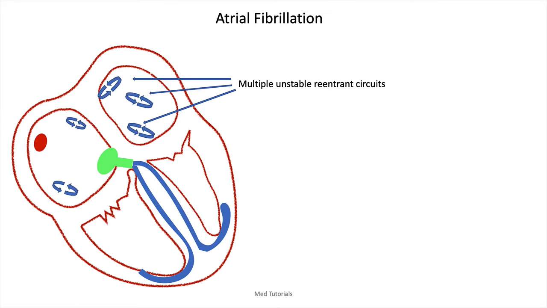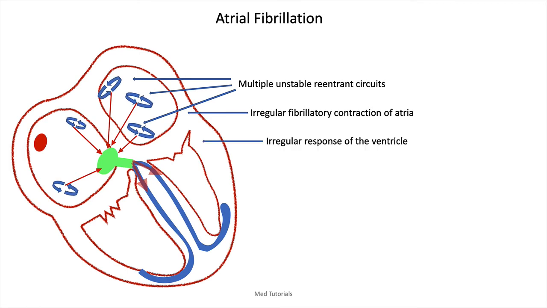And these fibrillate or cause depolarizations that are not well sustained or regular. And these impulses are then conducted through the AV junction and into the ventricles. So it's a very irregular fibrillatory contraction of the atria, and when they're passed into the ventricles also, it's not in a very regular manner. So what we see is an irregular response of the ventricles.